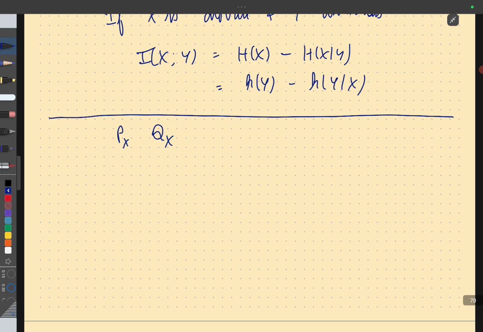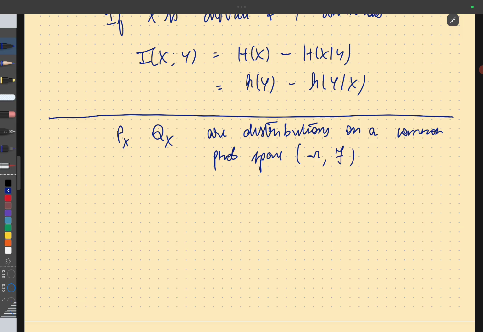These are distributions on some common probability space, that is, we have a common omega and F, with the property that px of any event A is equal to 0 if qx of that particular event is equal to 0.